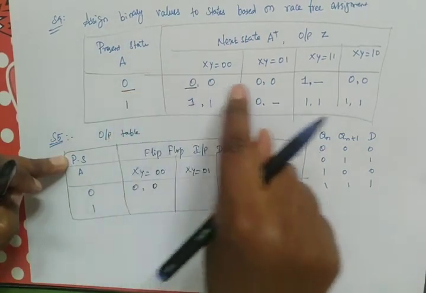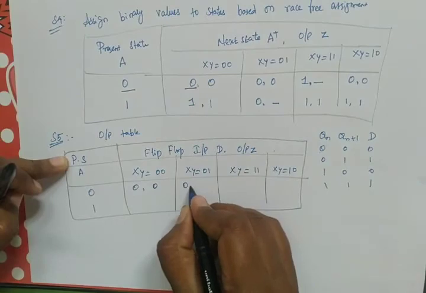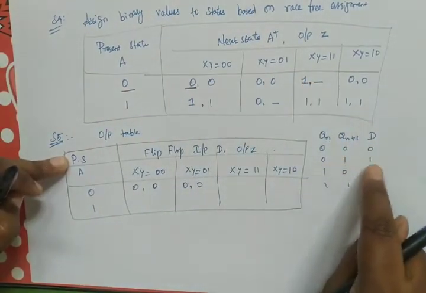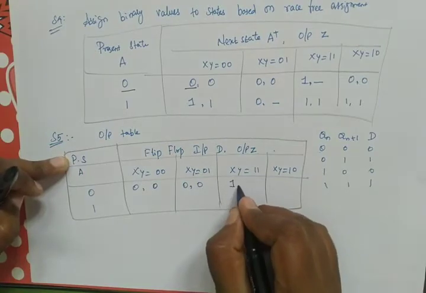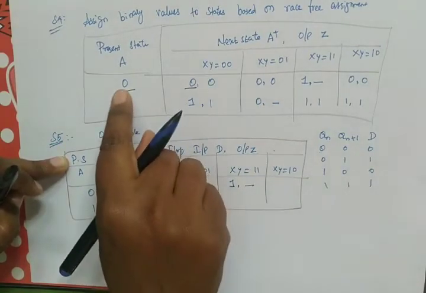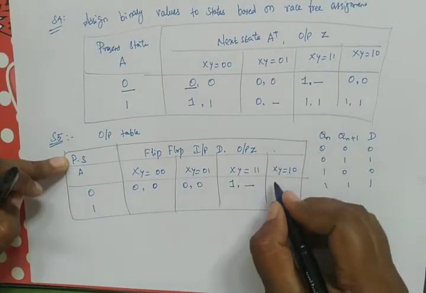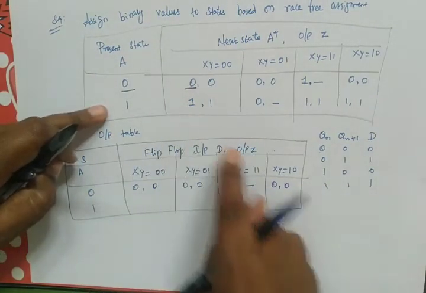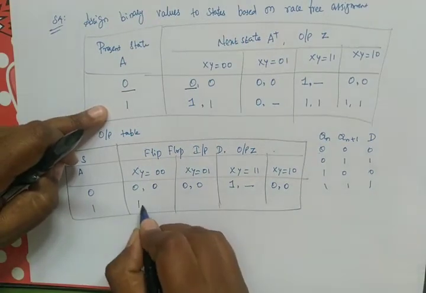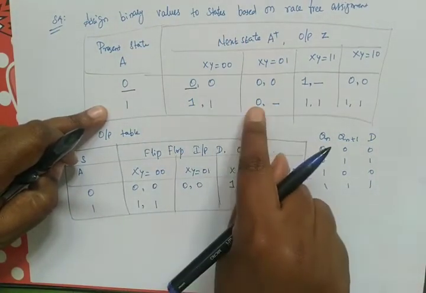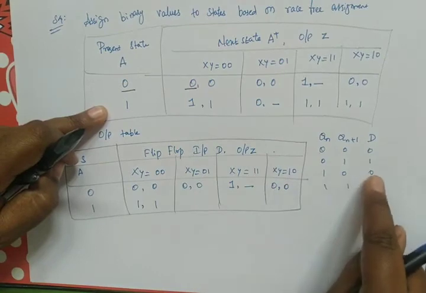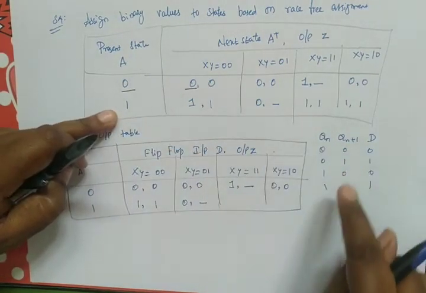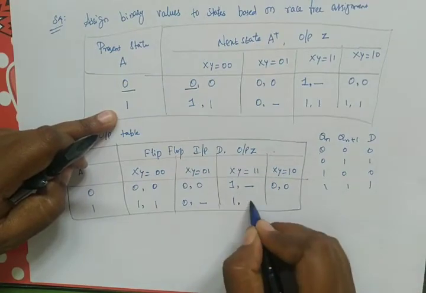Then compare this 00, 0, and the output is 0. For 01 it is 1, 1 comma dash. Then for 00, we have 0, output is 0. Then for 11 we will get 1, output is 1. Then for 10, 0 comma, here we don't have any output. For 11 it is 1 comma 1.